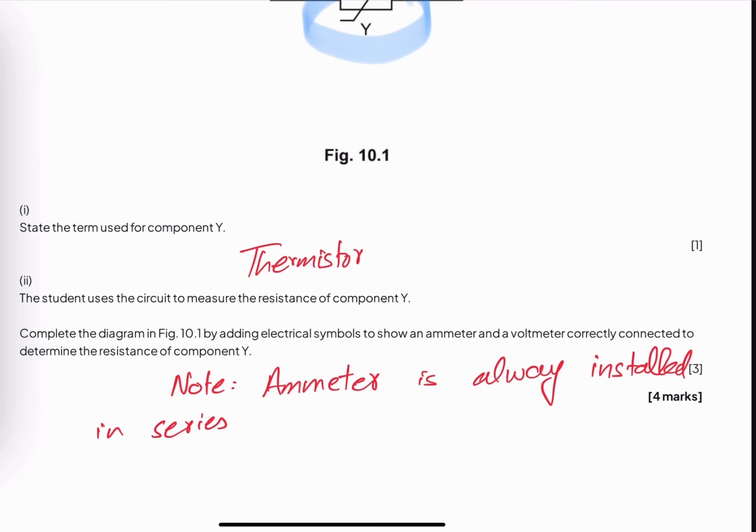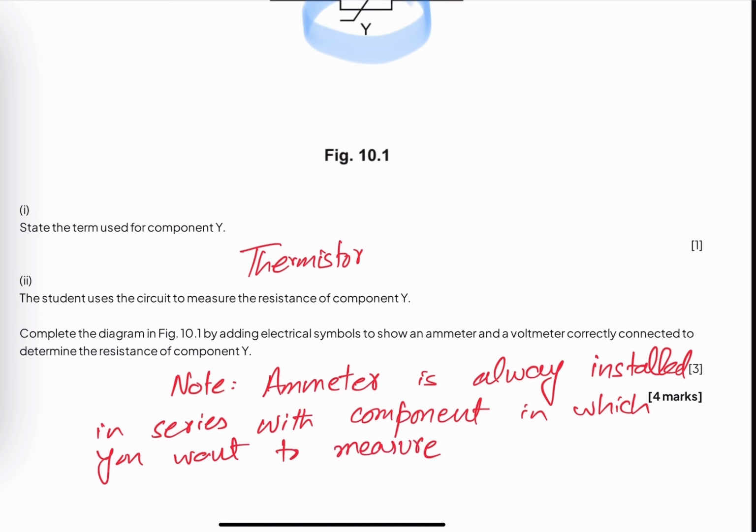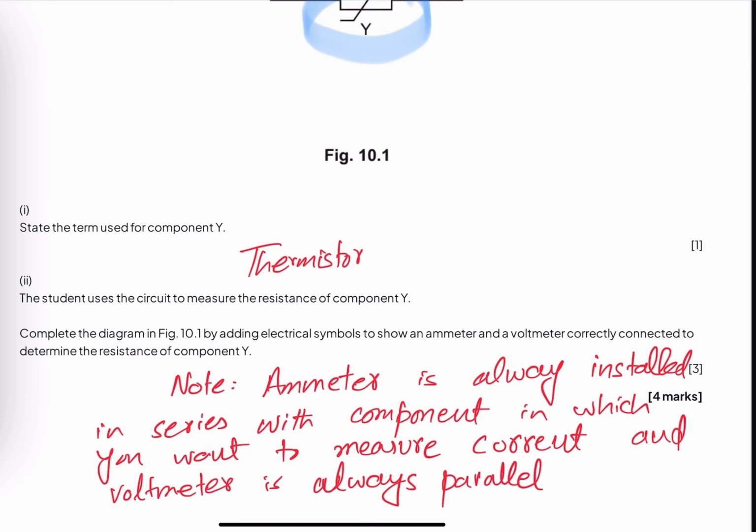It is always installed in series with the component in which you want to measure current, and voltmeter is always parallel with it, parallel with the component basically.